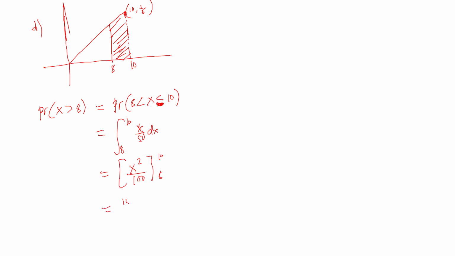So this is 10 squared over 100 minus 8 squared over 100. So 100 over 100 minus 64 over 100. So this should become 100 minus 64, 36 over 100.